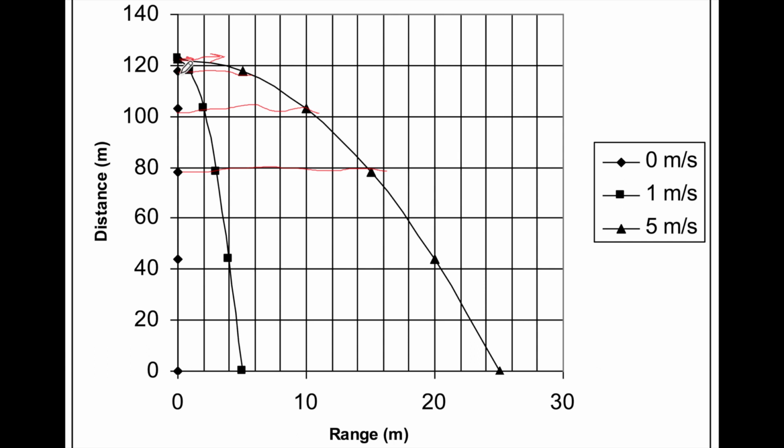So that means an object being dropped versus an object that's being shot horizontally, they will both fall at the same rate. For anyone who does any form of shooting, you would notice that after a certain distance, the projectile will fall more and more.